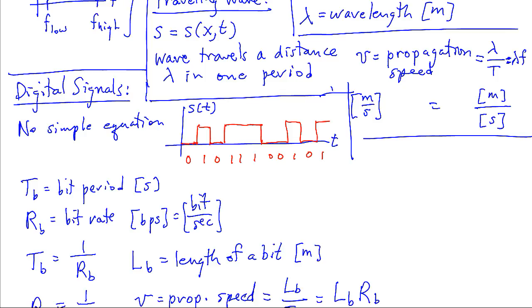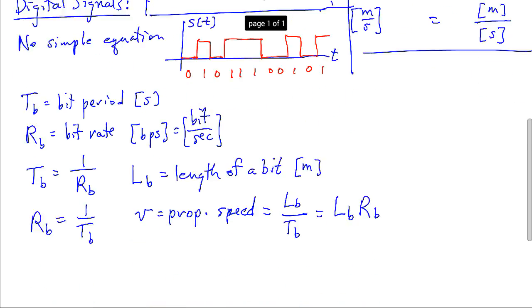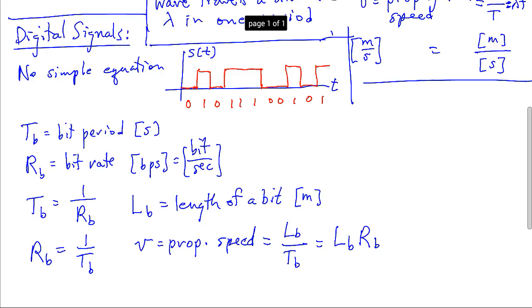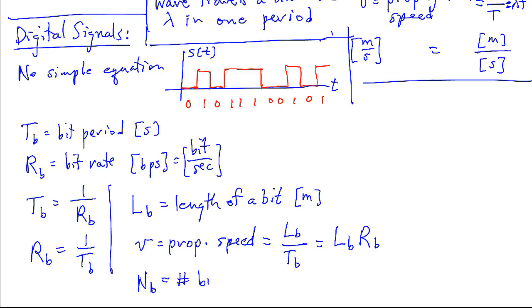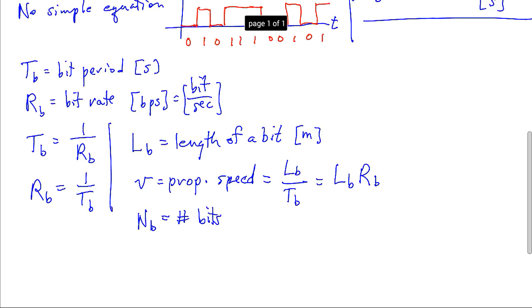Okay. Finally, the very last thing I'll show you is that we can also define N_B, the number of bits, and this may be the number of bits in a file, it may be the number of bits in a frame, for example an Ethernet frame, and the number of bits is equal to the bit rate times the amount of time.